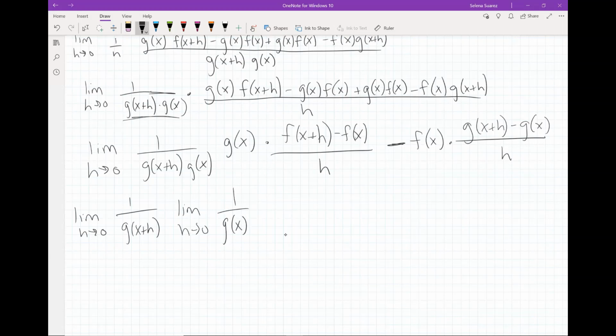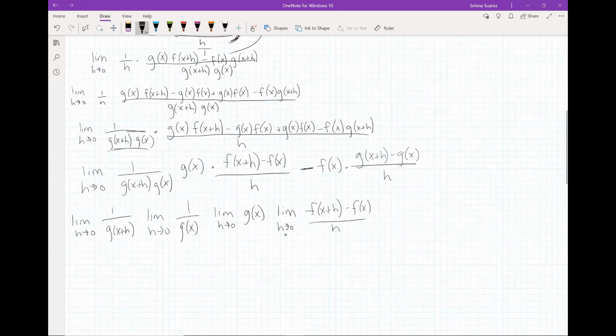So I'm separating all of these, and then I'm going to have the limit as h approaches 0 of g of x, and then the limit as h approaches 0 of f of x plus h minus f of x over h.